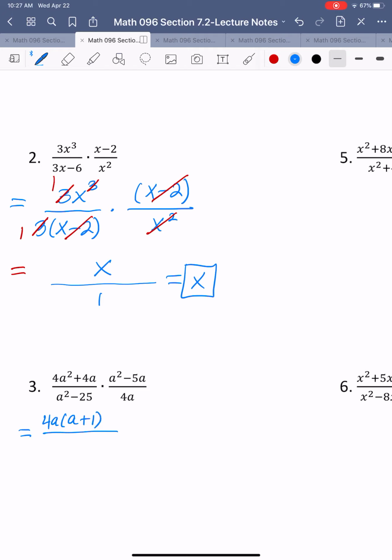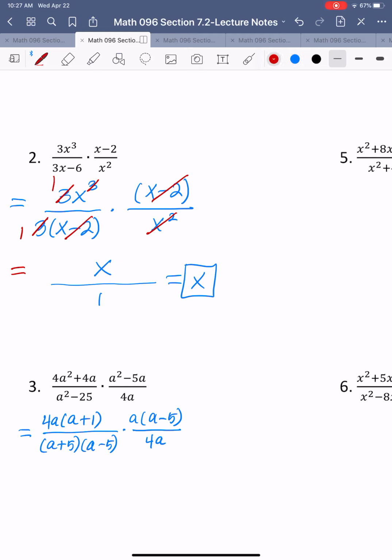And in the denominator, a squared minus 25 is factorable because it's a difference of two squares. So you can factor it as a plus 5 times a minus 5. And then a squared minus 5a has a GCF of a, and then a minus 5 left. And then 4a is already one term, so that's already in factor form.